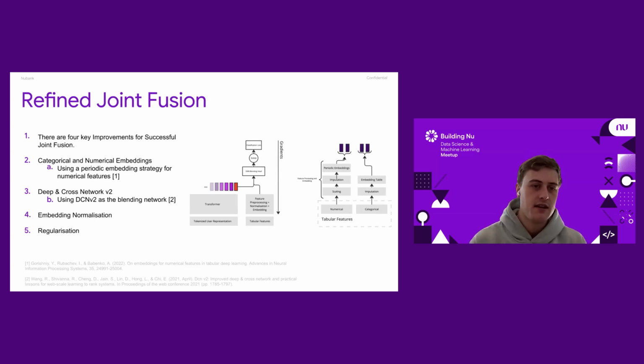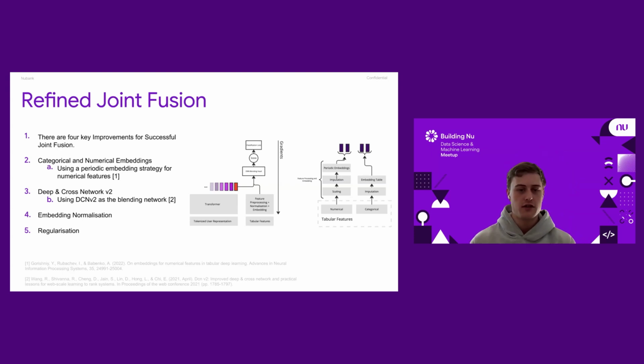So the 4 key things: firstly, adding categorical and numerical embeddings. Now, categorical feature embeddings are relatively straightforward. For this, you just have your learned embedding table, and for each possible realization of each categorical feature, you can go to this table and obtain the corresponding embedding. On the other hand, numerical embeddings are a little bit more complicated, but there's this paper, put the link down there, on embeddings for numerical features and tabular deep learning.